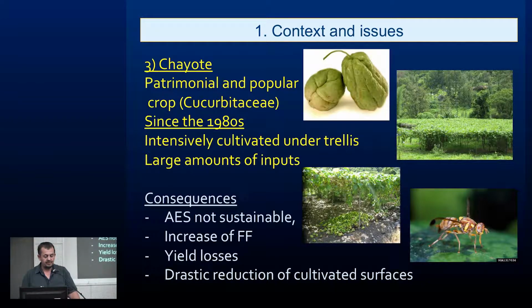The decrease in the yields, increase of pests and mostly fruit flies, non-sustainability in these kinds of agroecosystems, and a drastic reduction of cultivated surfaces in chayote.